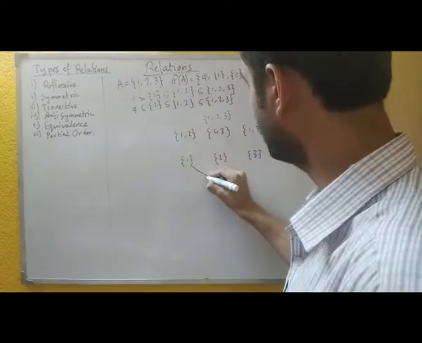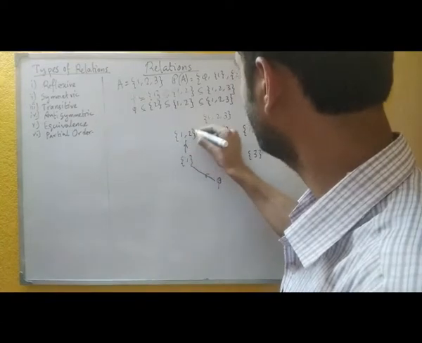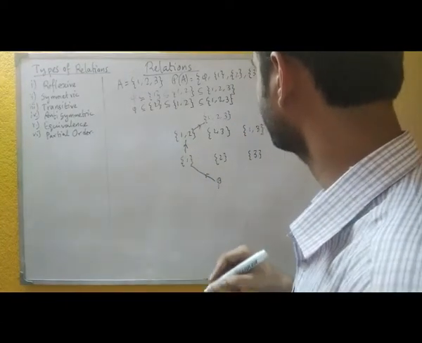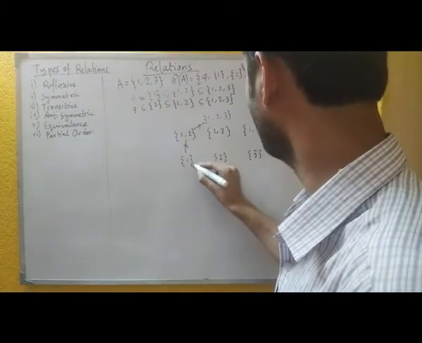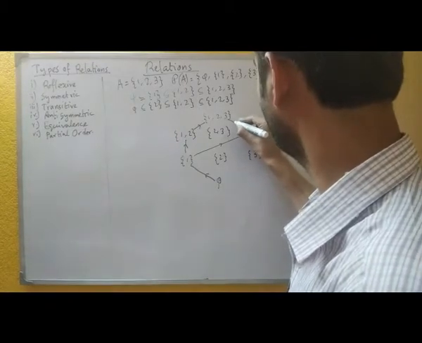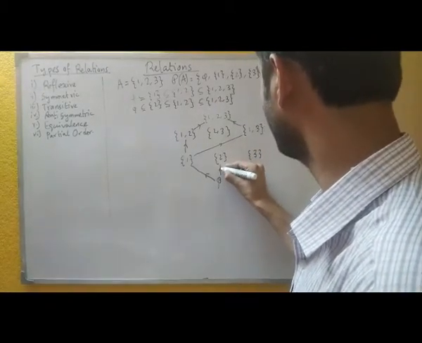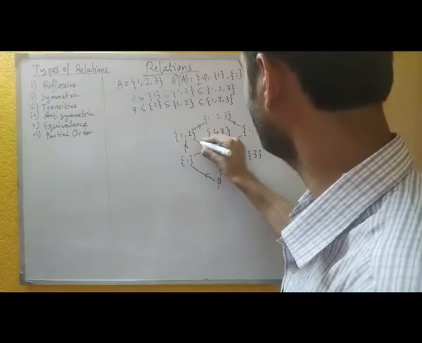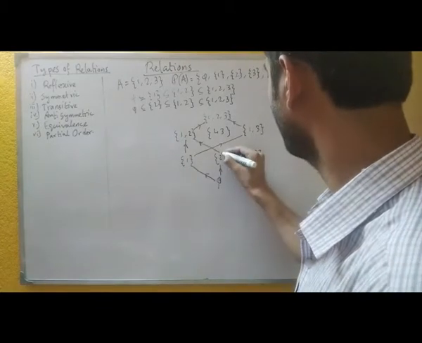First of all, we can give an ordering phi to {1}, then {1} to {1, 2}, then {1, 2} to {1, 2, 3}. We can order phi to {1}, then {1, 3}, then {1, 2, 3}. We can make an order like this: phi to {2}, then {1, 2}, then {1, 2, 3}.